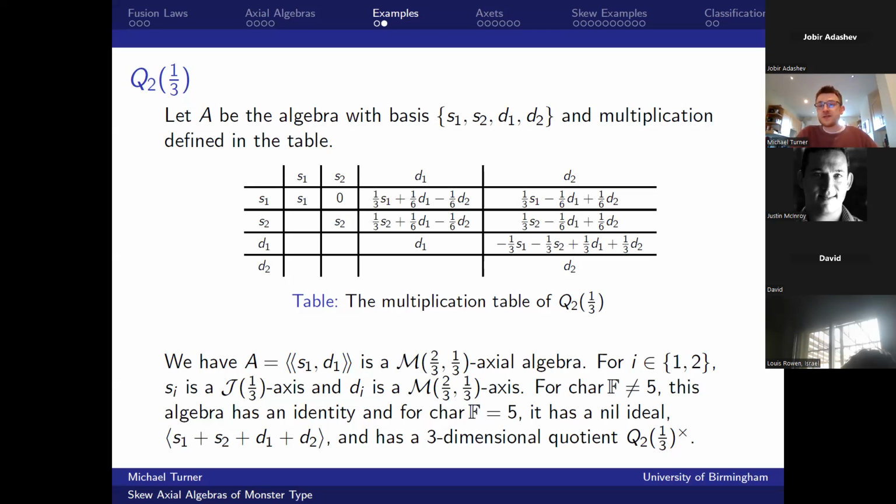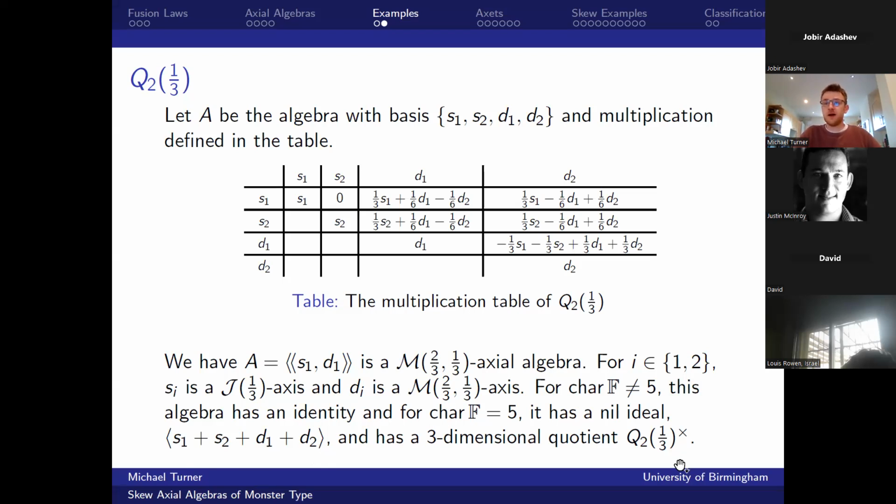Again, we've got to think about identity later on. So in characteristic not equal to 5, this algebra does have an identity. And when the characteristic does equal 5, it doesn't have an identity. It's going to have an annihilating element. And we've got this nil ideal S1 plus S2 plus D1 plus D2. And taking the quotient, we get another new algebra, which is Q2(1/3) cross.